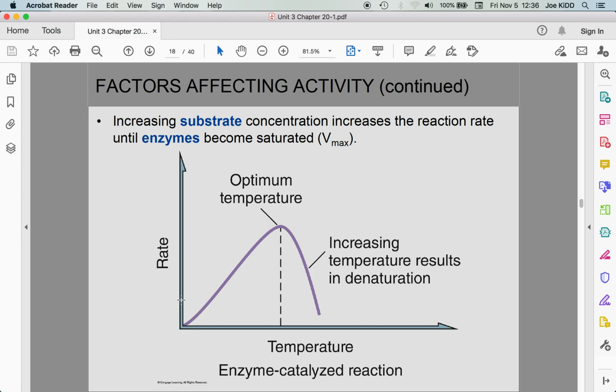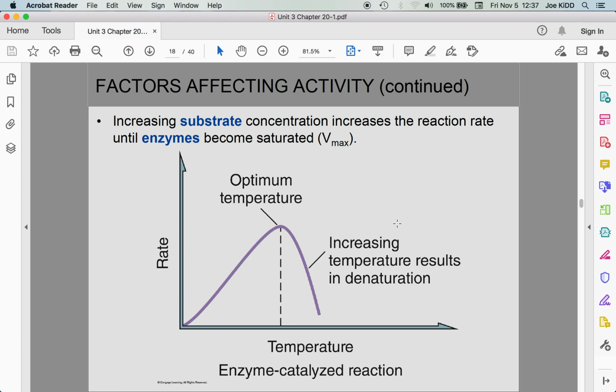As I increase the substrate concentration, now I'm going to be able to turn over more. So as I go from 1 substrate to 2 substrates to 3 substrates, I increase. But at 3 substrates, it will level out. So again, sorry, this is the wrong image. This will level out. And what that means is I can only turn over 3 substrates at a time because I only have so many enzymes.